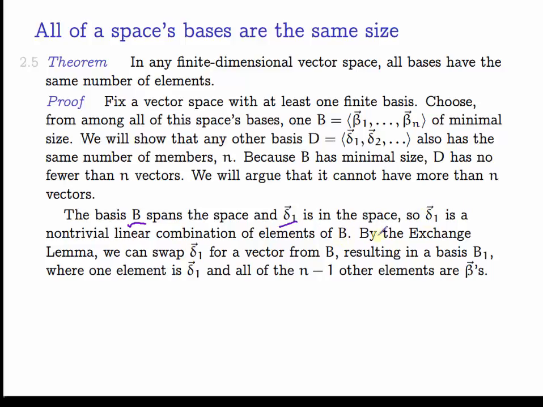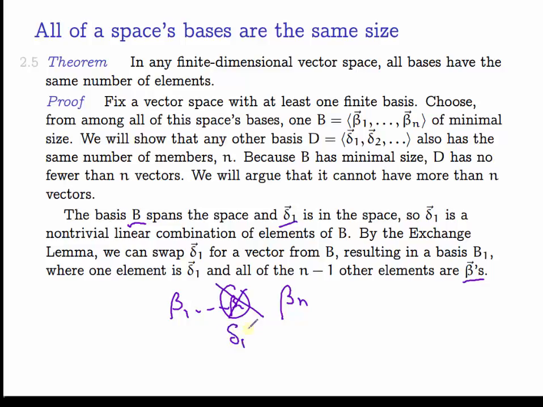By the exchange lemma, we can swap delta 1 with a vector from B, resulting in a basis B1, where one element is delta 1, and all the other n-1 elements are betas. So I started out with beta 1 up to beta n. I showed that I can take one of these betas, I'm not sure which one, but I can swap at least one, and I can replace that with delta 1.